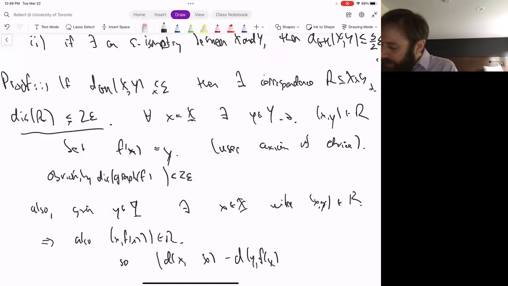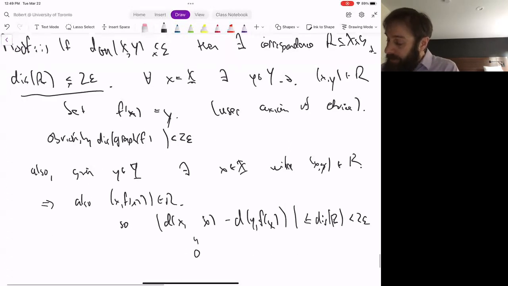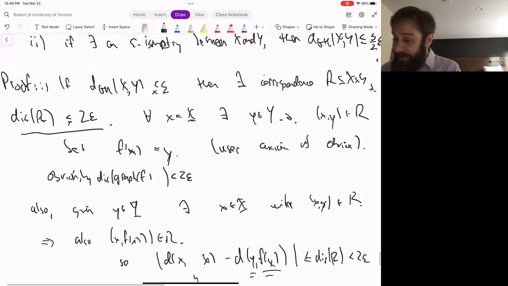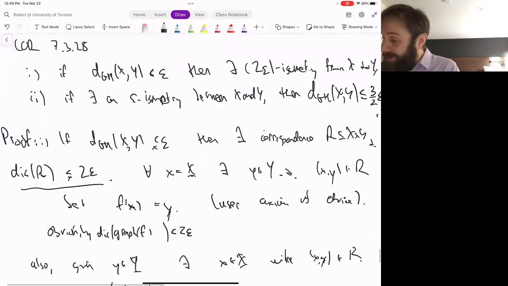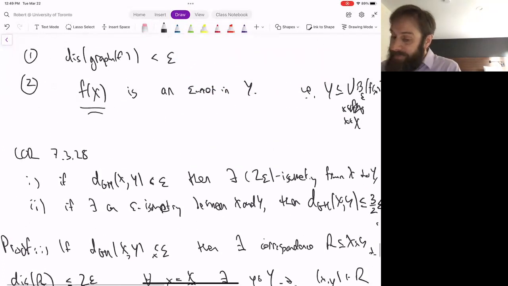The distance y to f of x has to be less than the distortion of R, which is less than 2 epsilon. And obviously this is 0. So f of x has to be within 2 epsilon of y. So that's the second property I needed for an epsilon isometry, namely this one here.